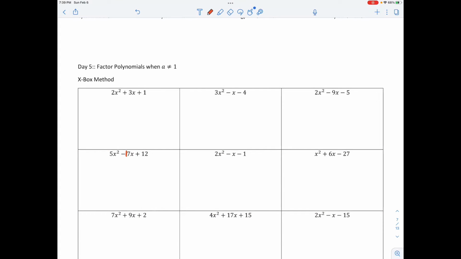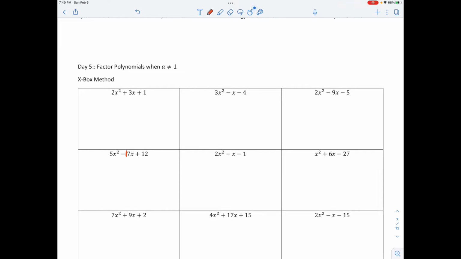Hello, math people. Today we're going to look at factoring trinomials when a is not equal to 1. In the last video, we looked at factoring trinomials when a is equal to 1, and we're going to take certain aspects of that and use them in this video as well.